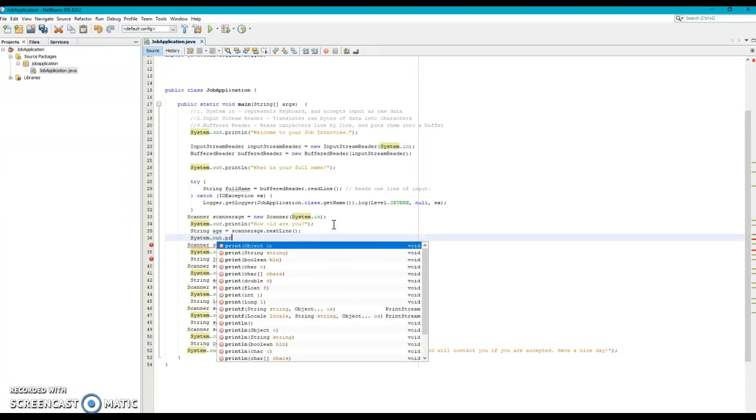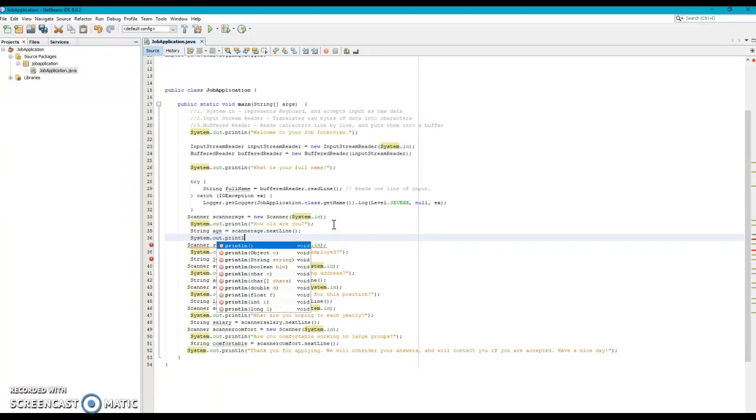System.out.println "You entered" plus whatever you put there, so our string of age. So we can go ahead and rebuild.